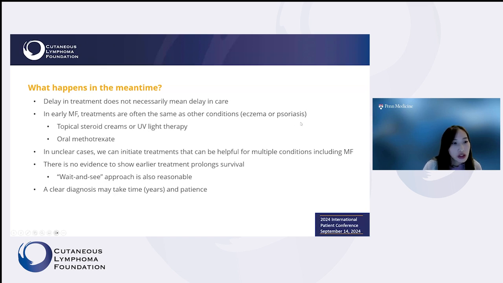So we often treat early MF with topical steroid creams or UV light therapy, or even oral methotrexate, which is a pill that you can take. And in unclear cases, we can initiate treatments that can be helpful for multiple conditions, including MF. And there's no evidence to show that earlier treatment prolongs survival, so a wait and see approach is also reasonable. And a clear diagnosis can sometimes take years and patience.